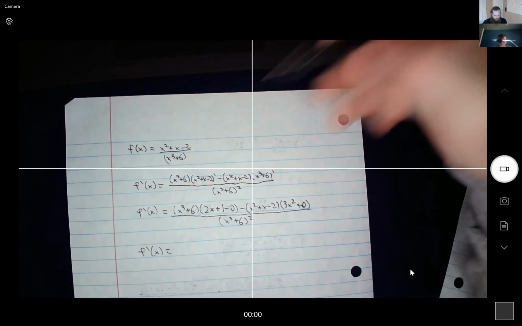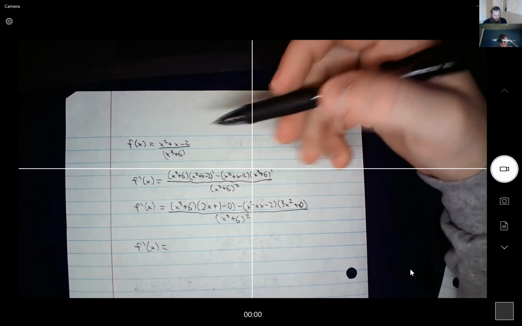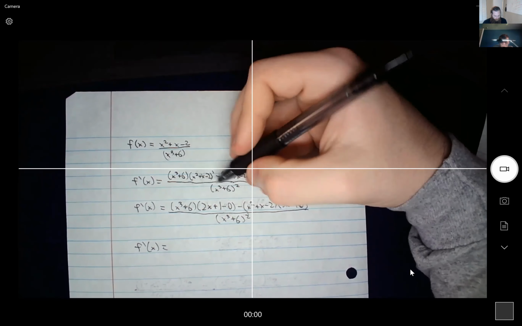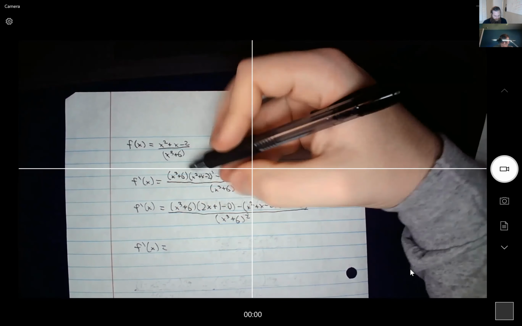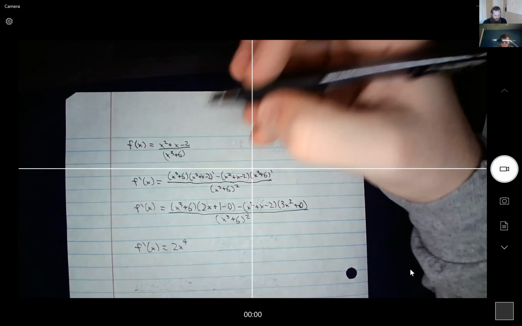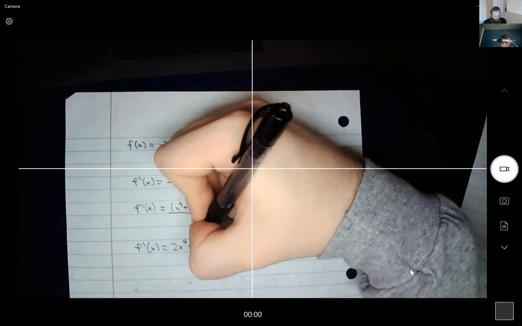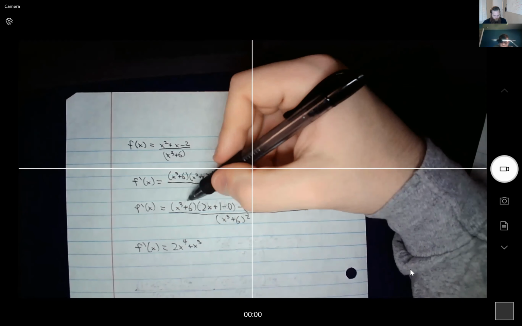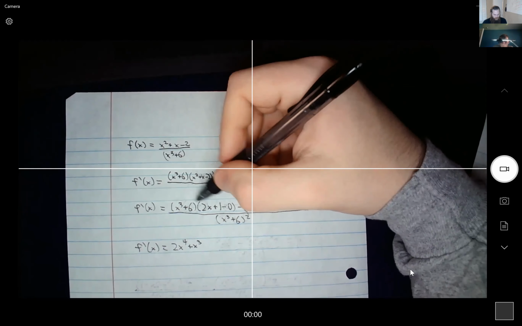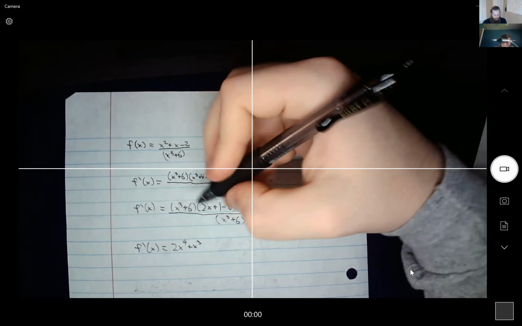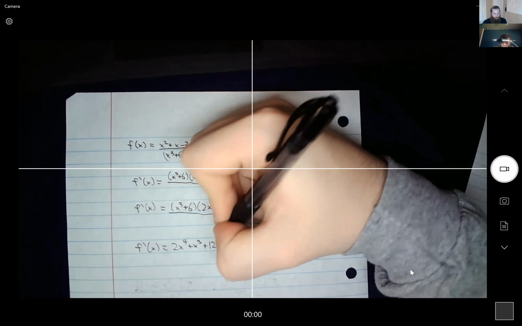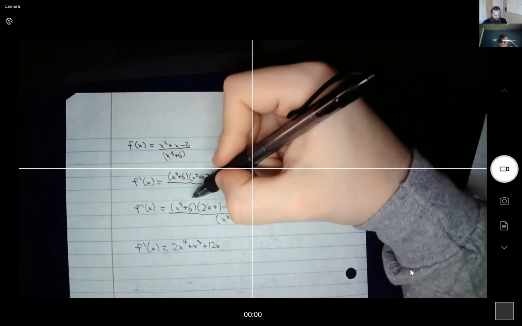Okay, so now we need to factor. So we can just ignore the zeros because those don't count for anything. So basically, x to the third plus 2x is 2x to the fourth. x to the third times 1 is x to the third. 6 times 2x equals 12x. Then 6 times 1 is 6.